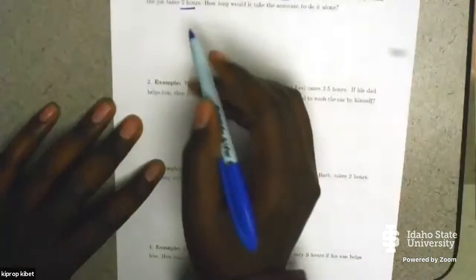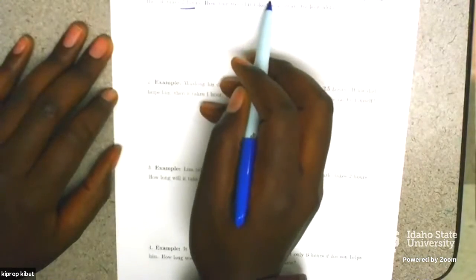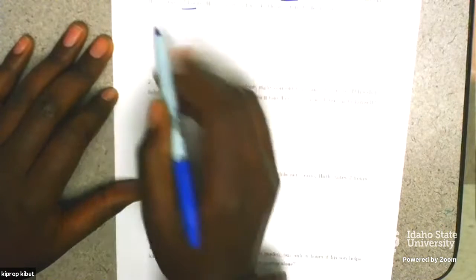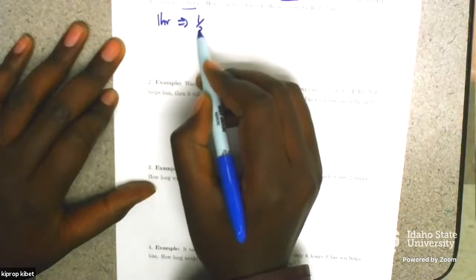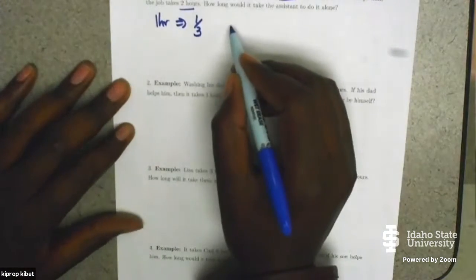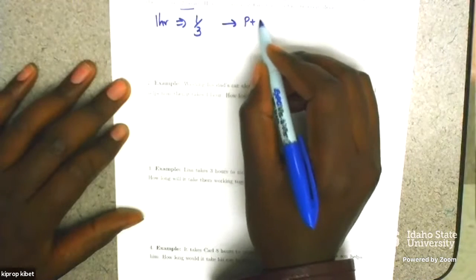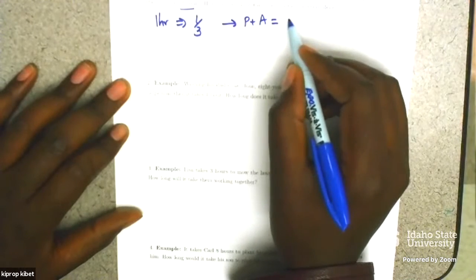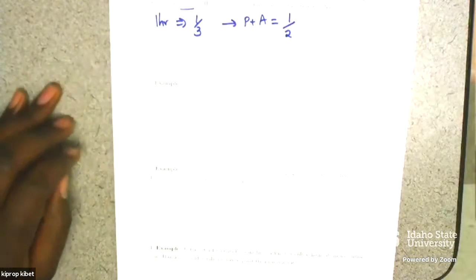So Paul can clean the classroom in 3 hours. So in 1 hour, he will have done 1/3 of the job. Then if both of them are doing it, it is Paul plus the assistant. They will have done 1/2 of the job.